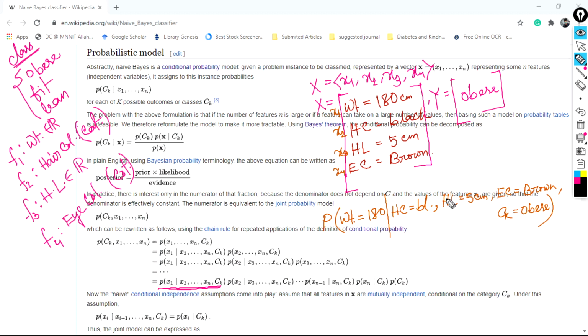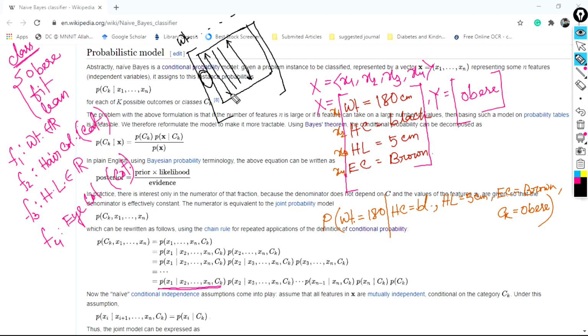But the main thing is, if you look at the data set, weight is fixed at 180 centimeters, but the rest of the three or four features will vary.